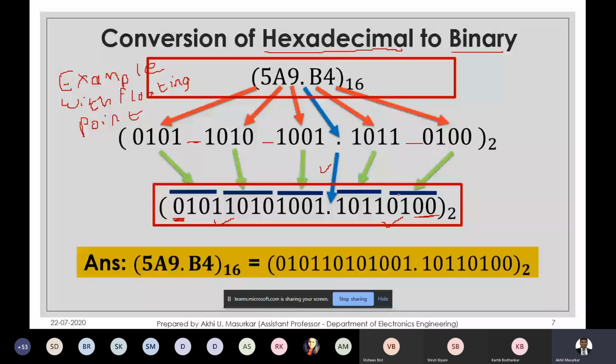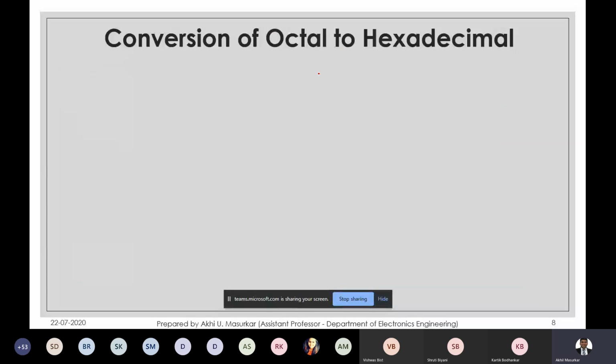Okay. Now the next one is octal to hexadecimal. So can you see, till now whatever we have done, it involved some kind of binary in it. That means binary was common everywhere. Now we want a direct conversion from octal to hexadecimal.